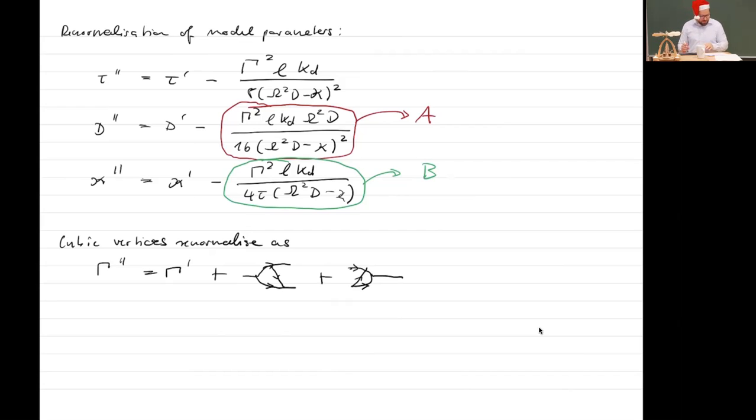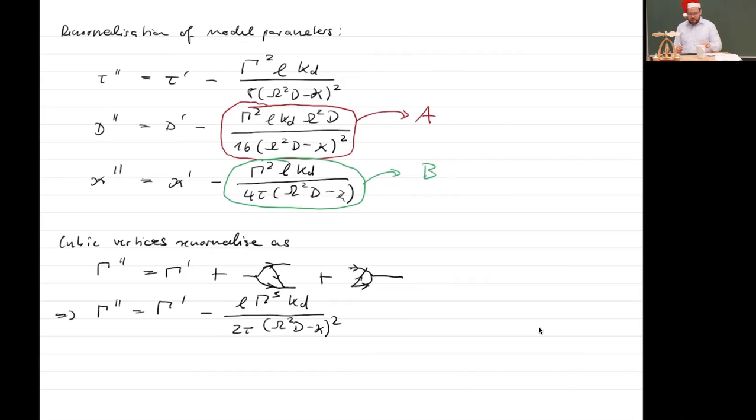So I just now tell you the result of this step here. Gamma prime is gamma prime minus L gamma to the power of 3 kd over 2 tau omega squared d minus kappa squared.